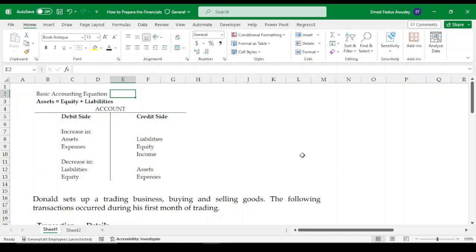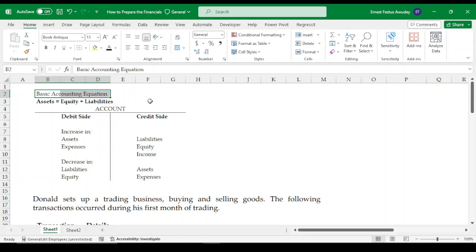Having said that, we want to look at one fundamental accounting concept, and that is what we call the basic accounting equation. Now, what is the accounting equation? It is as simple as ABC.